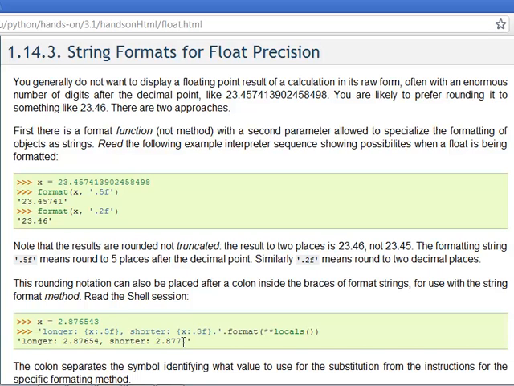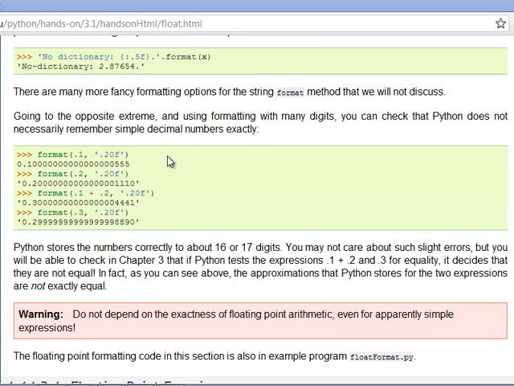Here we've got the 3 places, and you notice that it's rounded again. More on the format method here. You can also use this notation without a dictionary. Here, for instance, where I'm just doing a positional format, I can still put in the colon and the 0.5f, and this will format in a similar way.